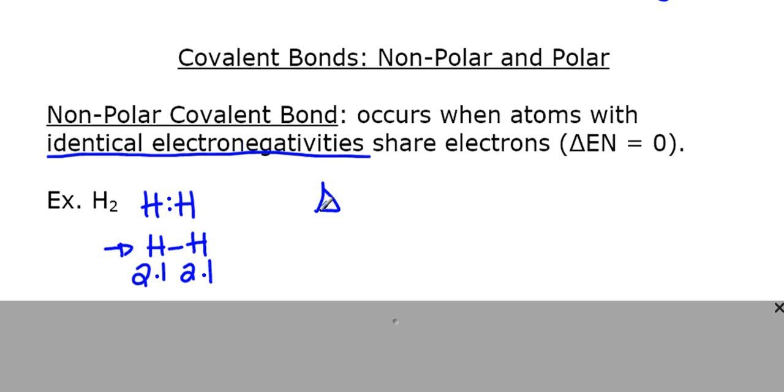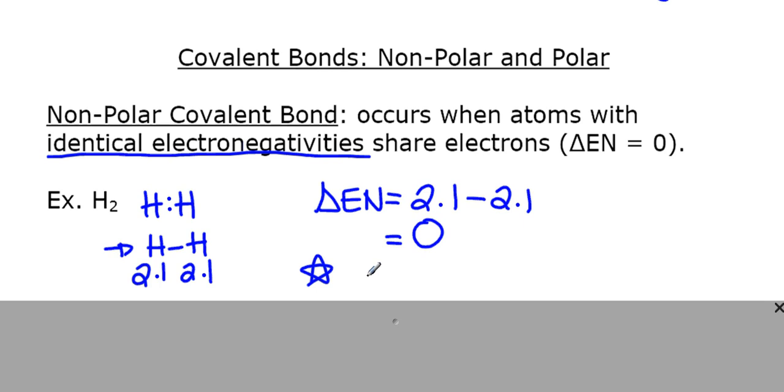So when you do your electronegativity calculation, 2.1 minus 2.1, it's 0. From a sharing point of view, everything is shared equally. All of those electrons have equal sharing.